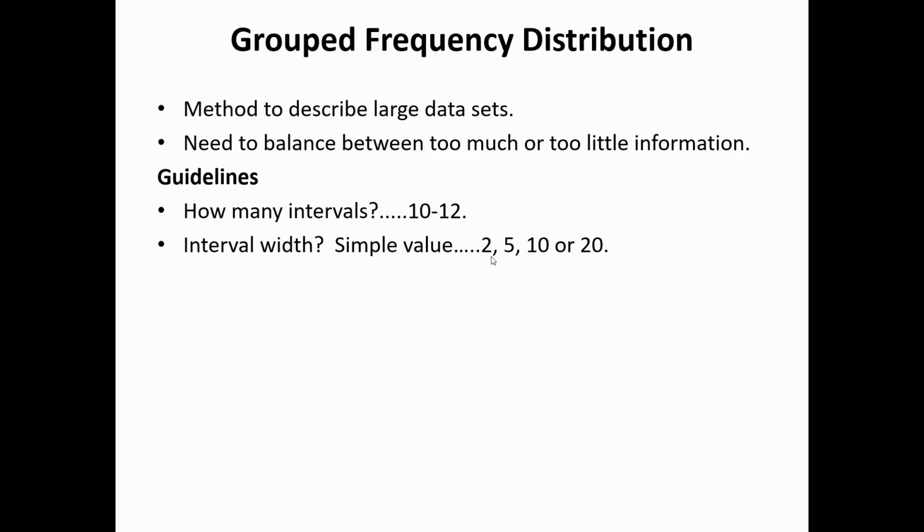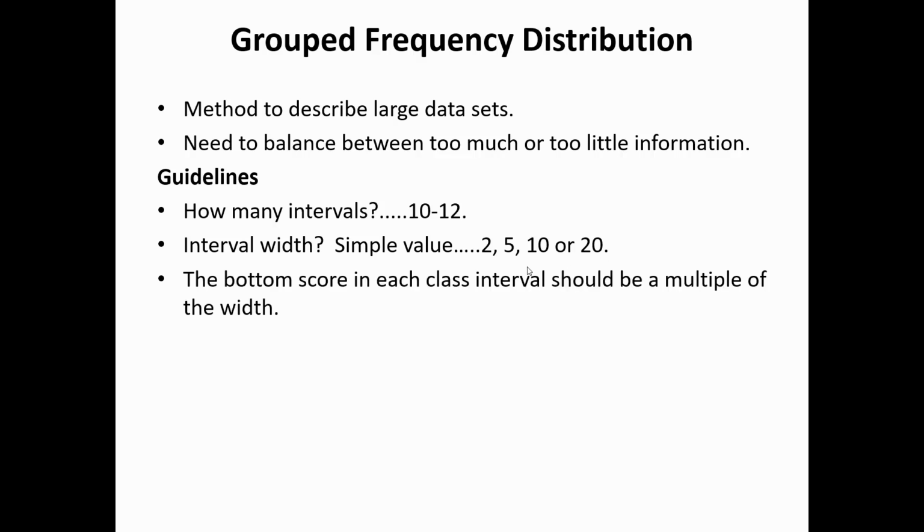It's recommended that the width should be 2, 5, 10, or 20. The bottom score within these class intervals should be a multiple of the width, and all the intervals should be the same width.